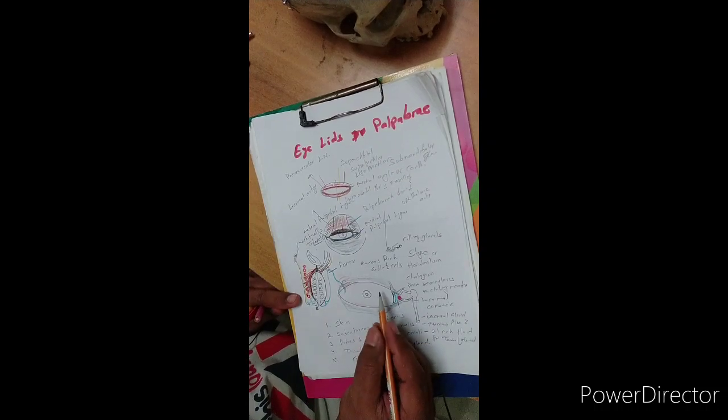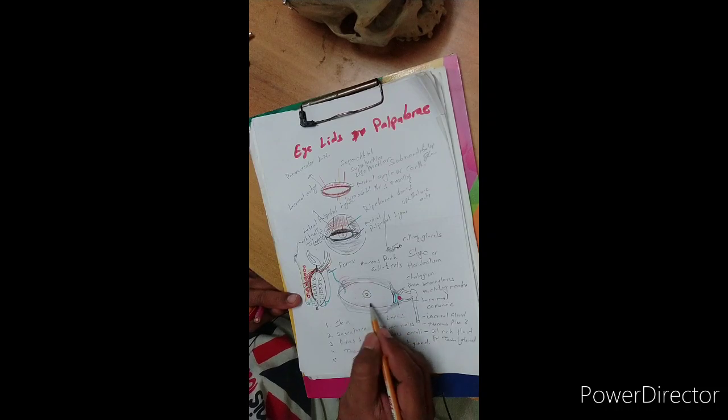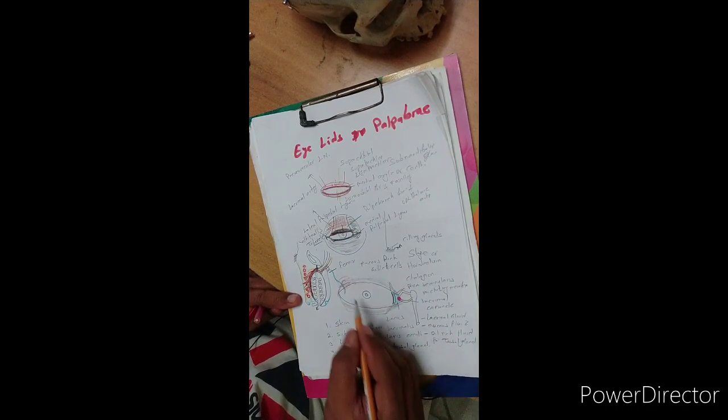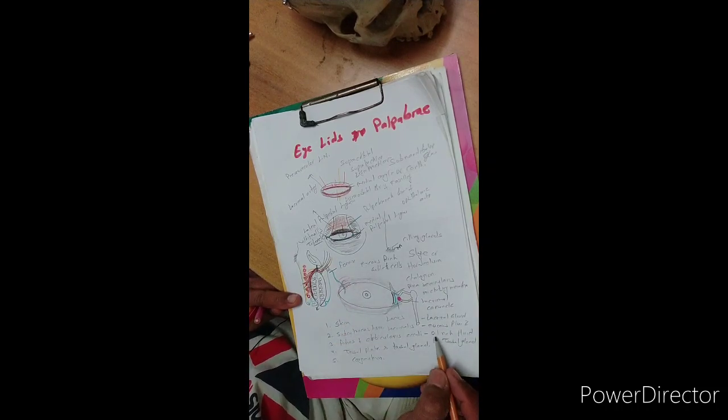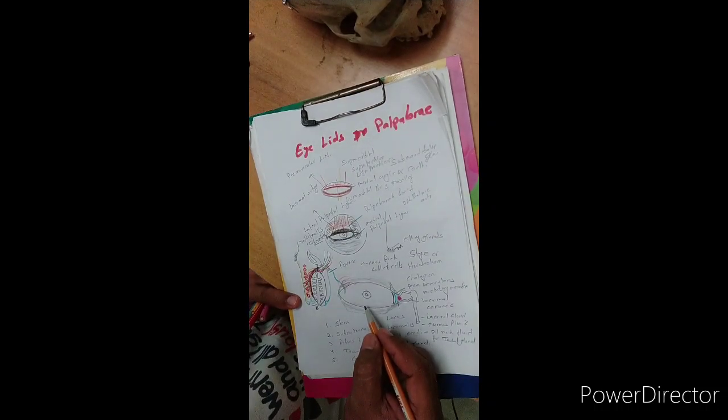So we can say that the tears in the conjunctival sac are made up of three layers: lacrimal gland fluid, mucus fluid from the conjunctival glands, and oil-rich fluid from the tarsal gland.